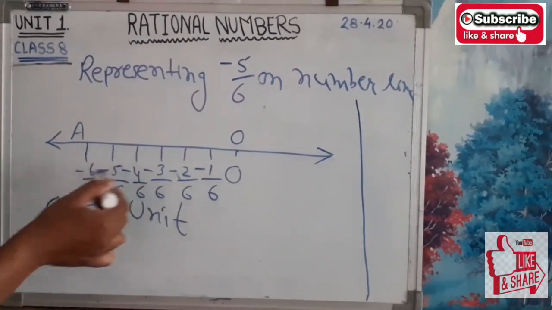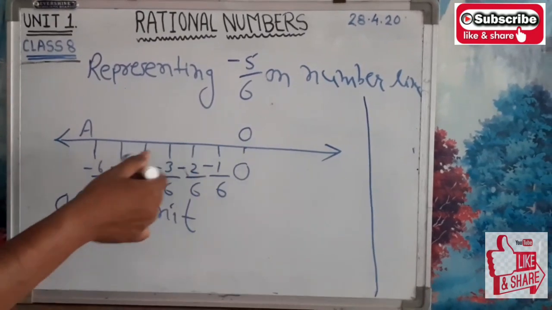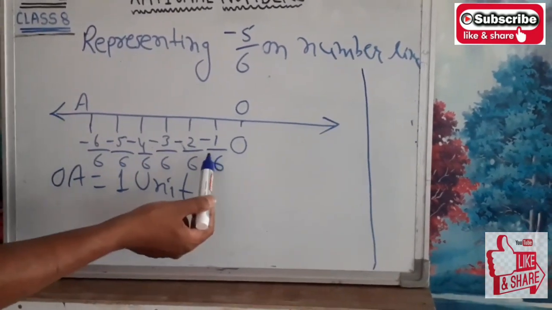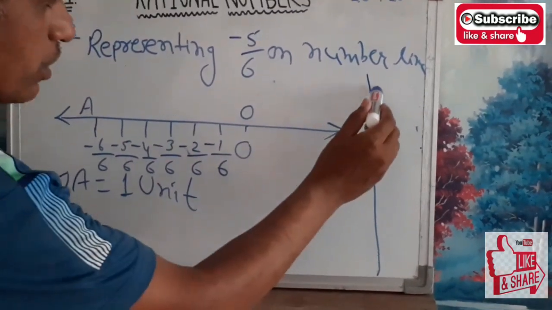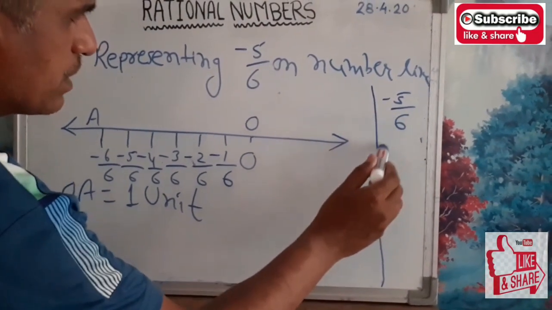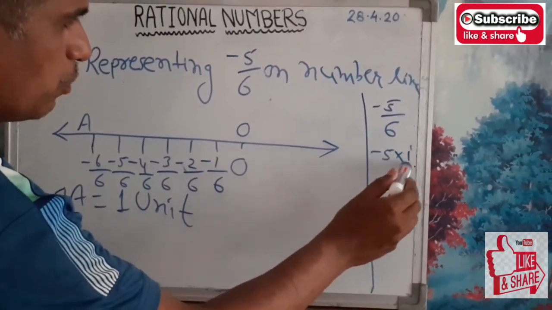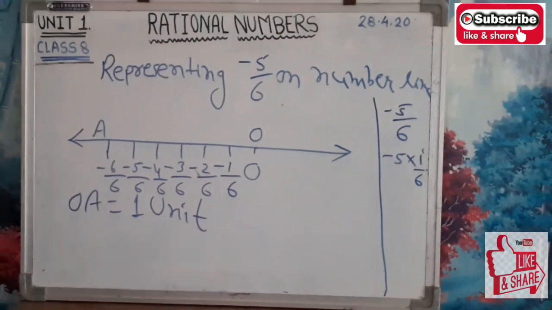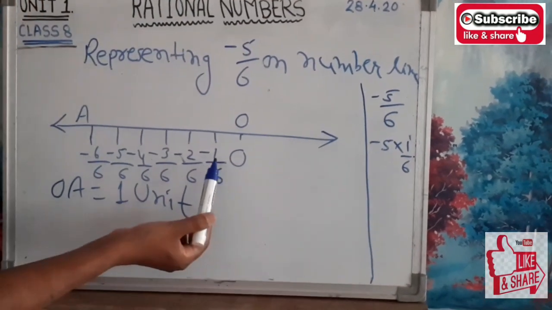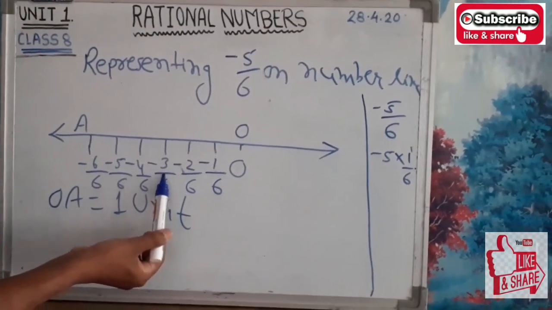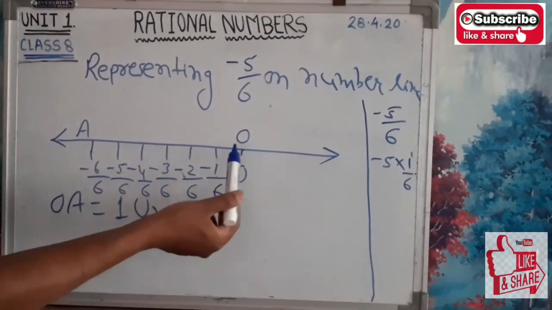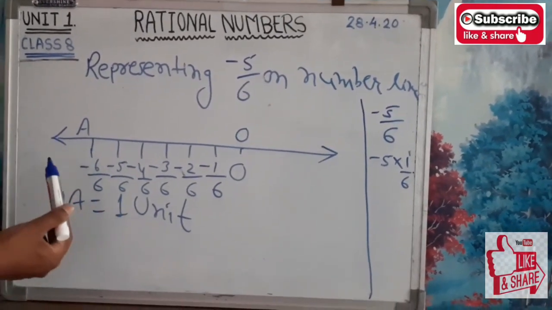The distance between all these numbers is 1 by 6, because minus 5 by 6 means minus 5 into 1 by 6. So the distance will be 1 by 6 each time. So OA is 1 unit.